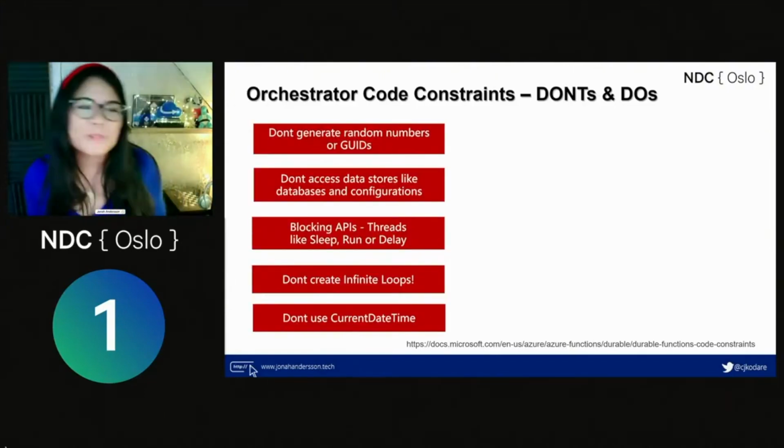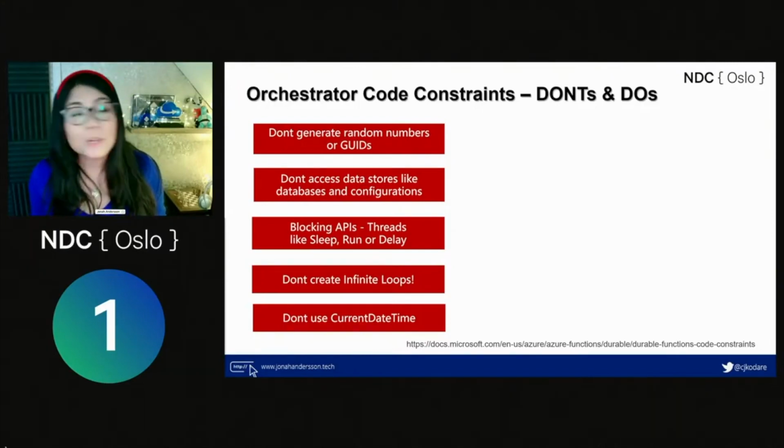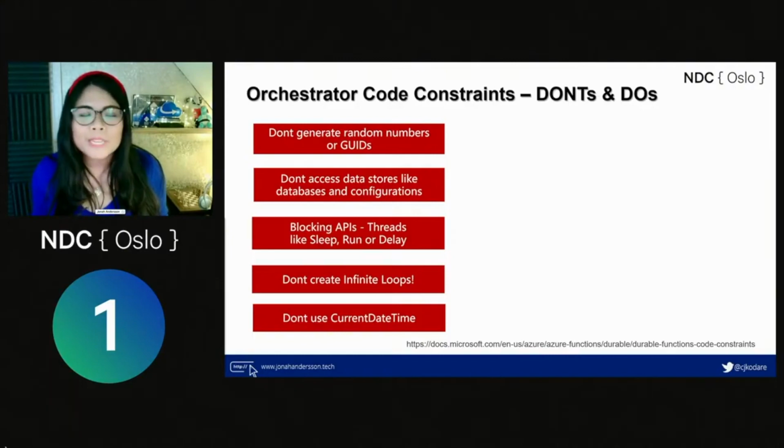So the first don't is of course, because the orchestrator is deterministic, it's not recommended to generate random numbers, for example, like IDs in our user management, and connection strings, blocking APIs like thread sleep, and of course, infinite loops and also current date time, because current date time is not deterministic.